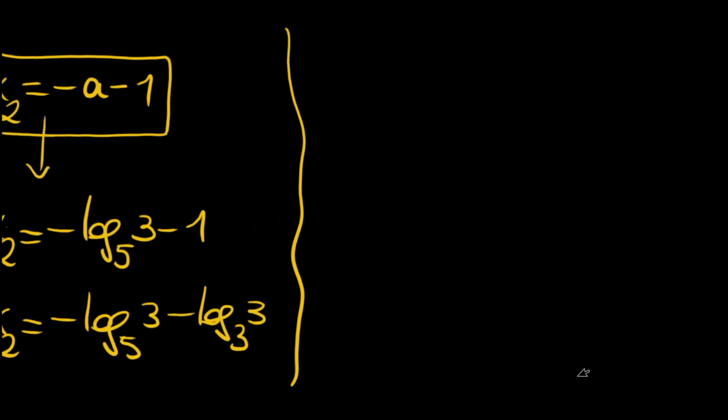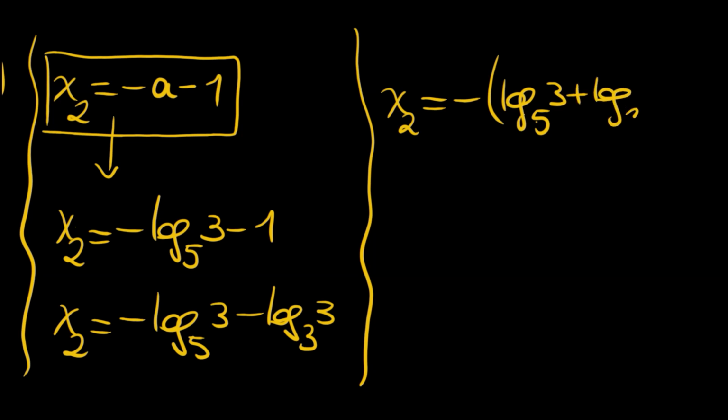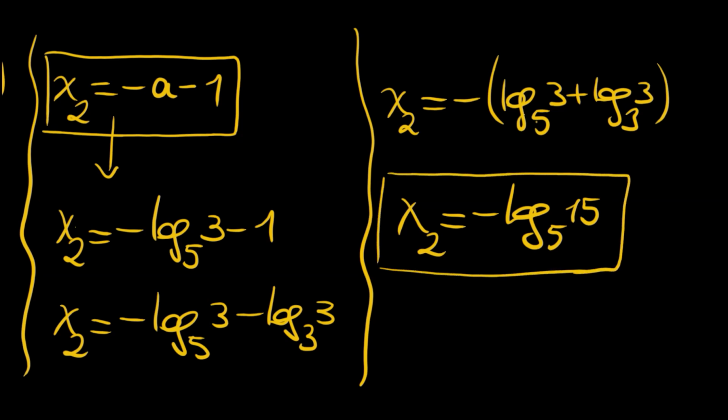And with a minus sign, x2 is equal to negative log base 5 of 15. And this is the second root for our equation. The first one was x is equal to 1, the trivial one, and the other one is negative log base 5 of 15. Thank you for watching and see you in the next videos.